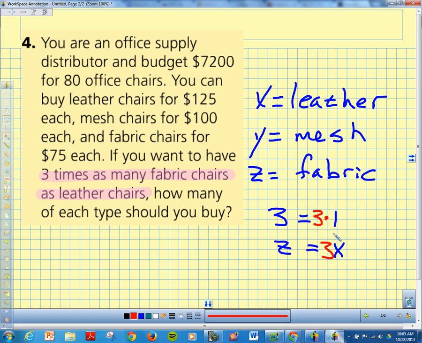Because I want your 3x, that's my way. Right. They are going to be equal if I have 3 times as many as the other type. So if I multiply this side by 3, they are going to be equal. I have to write an equation, and if I just put a plus right here, then I've got nothing, I don't know what it equals.